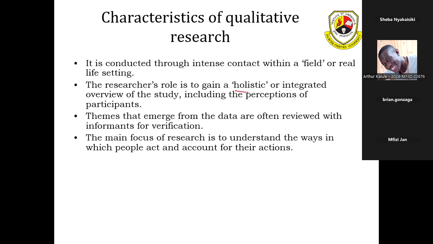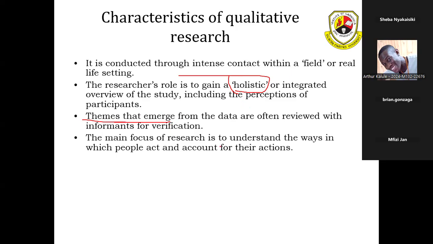It's looking for a holistic answer to a question. And normally, as the researcher is getting into the field and picking data, themes begin to emerge. I think I've mentioned this before, how themes begin to emerge with qualitative research.